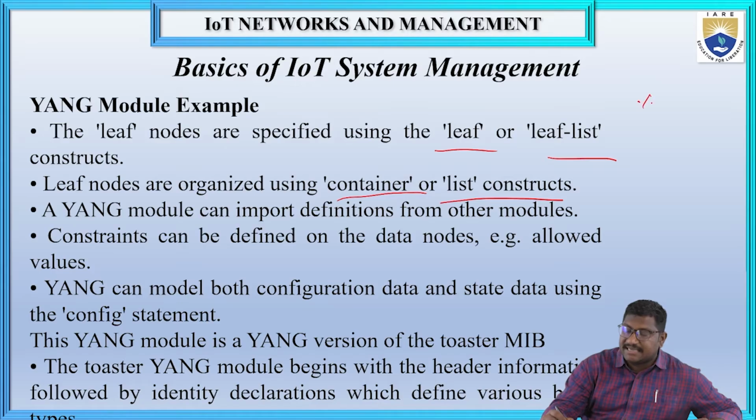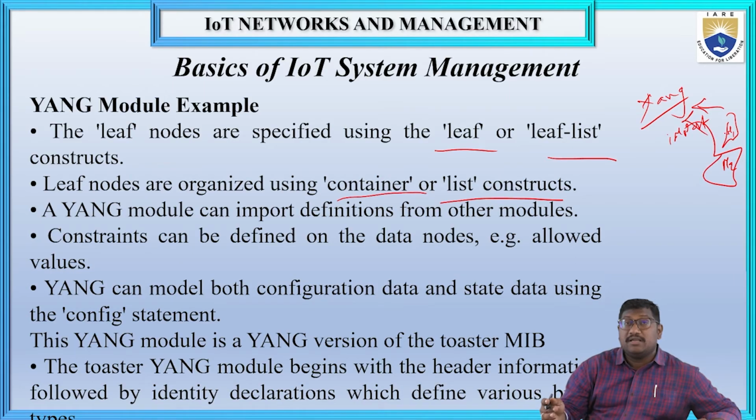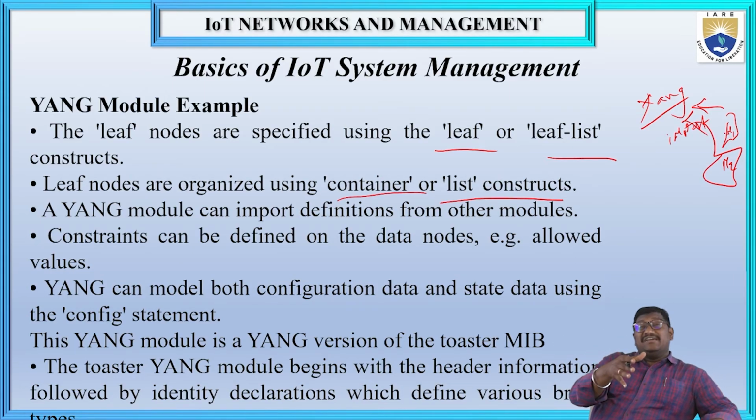For suppose YANG is a model which is importing from other models. There are model 1, model 2. It can import the things. This YANG model is going to import some definitions from other models also.